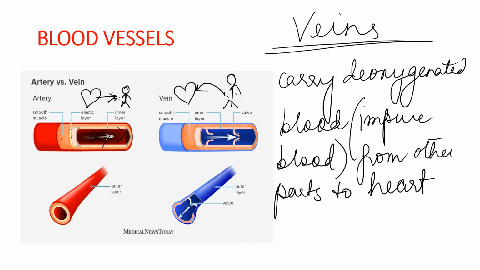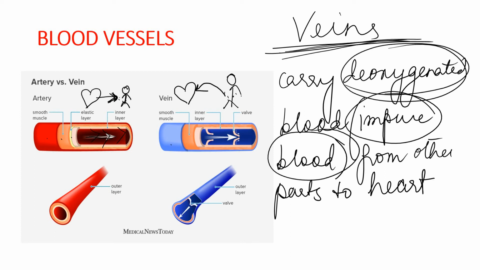Please notice the arrow sign: from where it is going, from heart to other parts of the body. This is from other parts of the body to the heart. So all the impure blood present in other parts goes to the heart for purification.